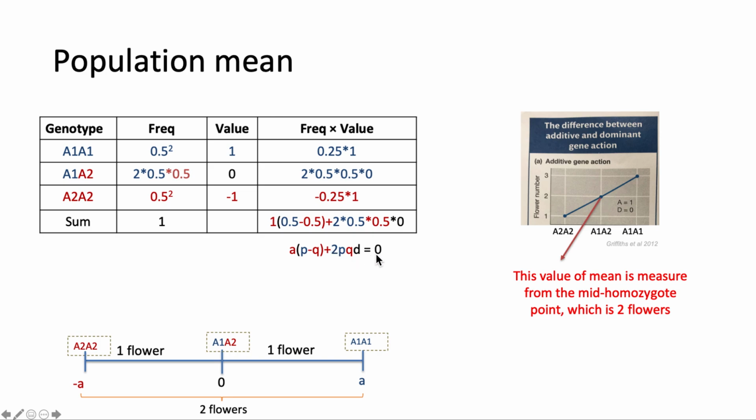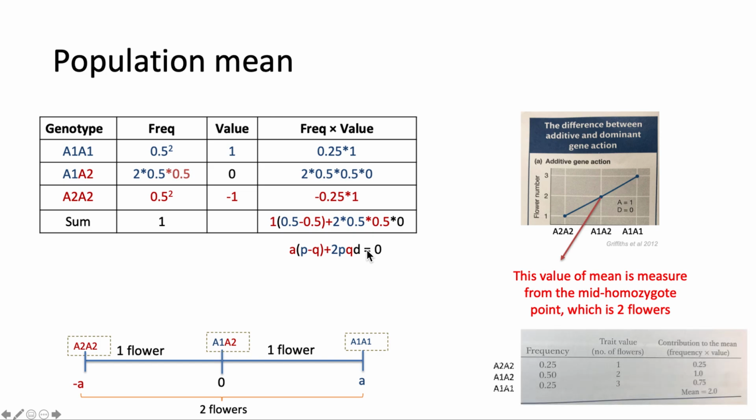So this is going to be the deviation that we have in the population mean from the midpoint between both homozygous. As the midpoint is 2 and the deviation of the population here is 0, the mean of the population is going to be equal to 2.